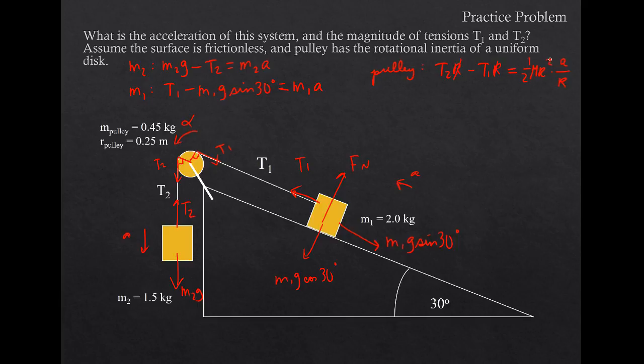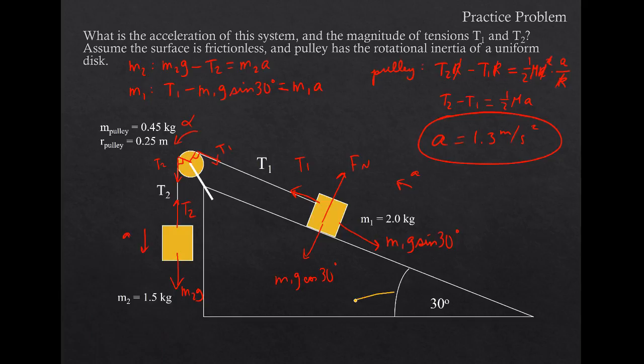So again, those R's cancel, and you get T2 minus T1 is equal to 1/2 MA. Okay, so at this point, the algebra is really not that important. It's just the setup here. And if you're curious for checking your answer, acceleration is about 1.3 meters per second squared.